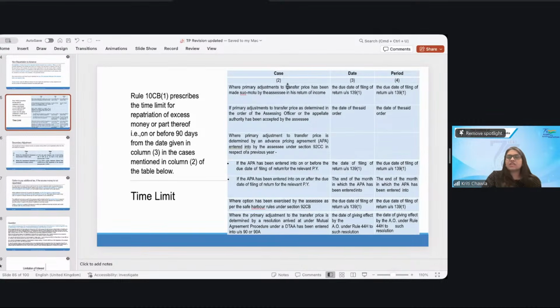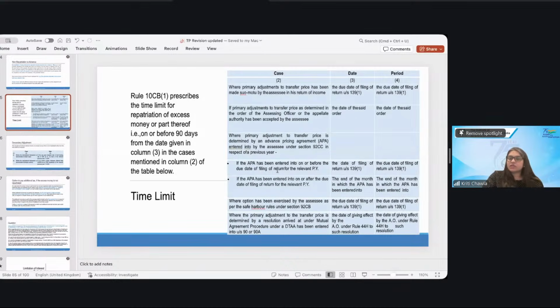Okay, so the cases which are mentioned: where primary adjustment has been made suo motu by the assessee in its return of income, then the date for 90 days is going to be the due date of filing of return under section 139(1). Where primary adjustment is made by the AO, it's going to be the date of the said order.